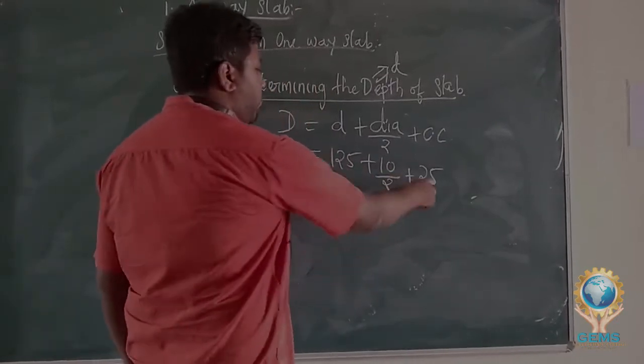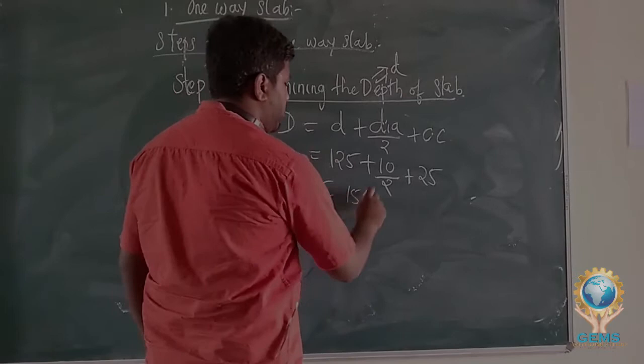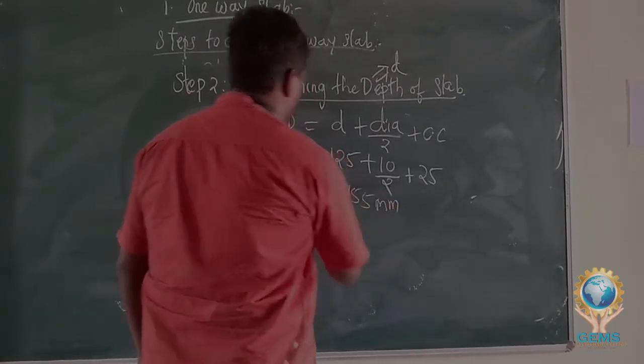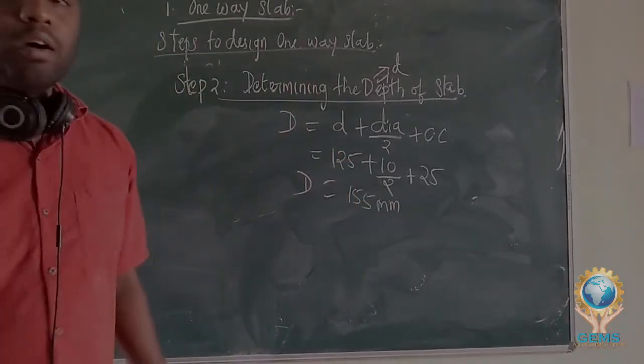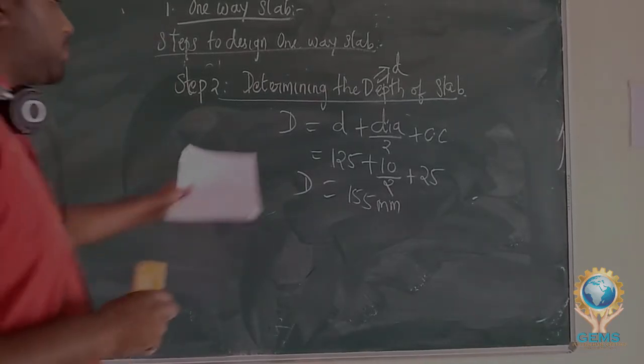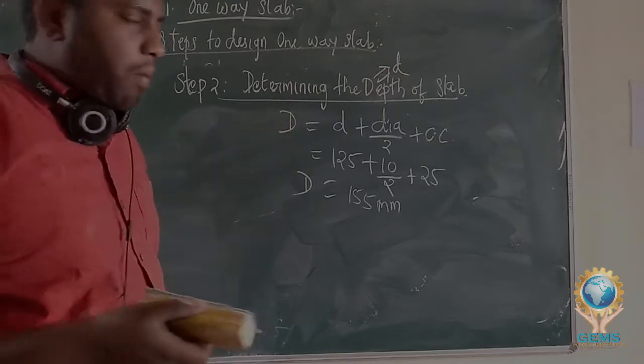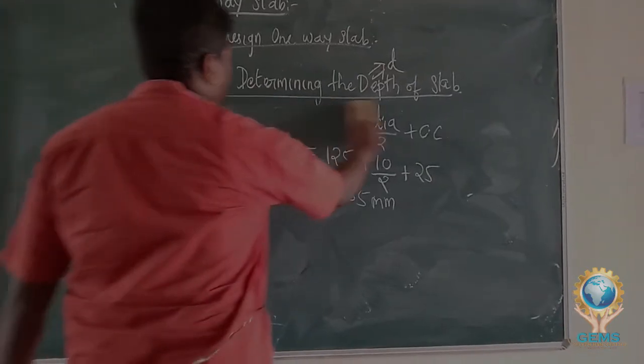So 150 plus 5, 155 mm. So this is your overall depth. Overall depth is equal to the effective depth plus dia of bar by 2 plus clear cover.